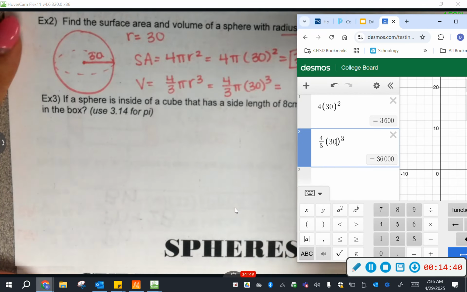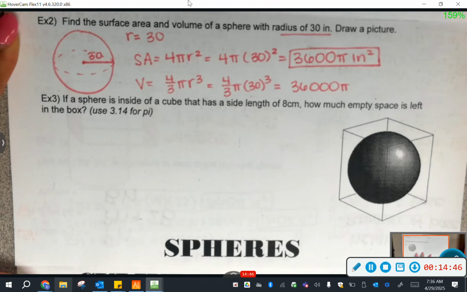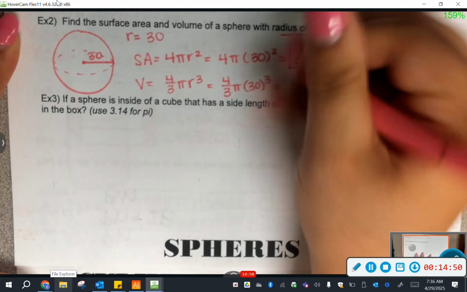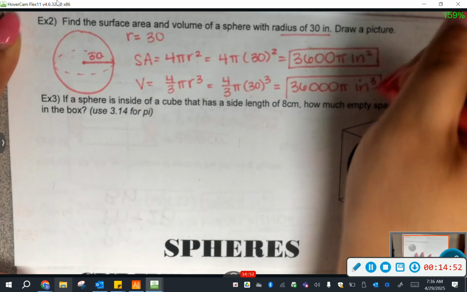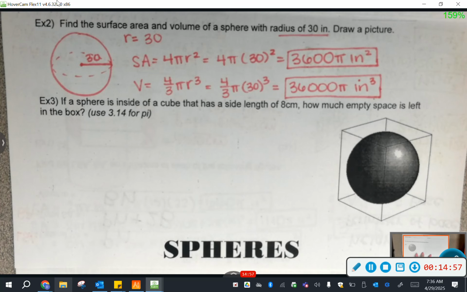Ooh, this is 36,000. 36,000 pi inches cubed. Do I have any questions? Are we okay with that?